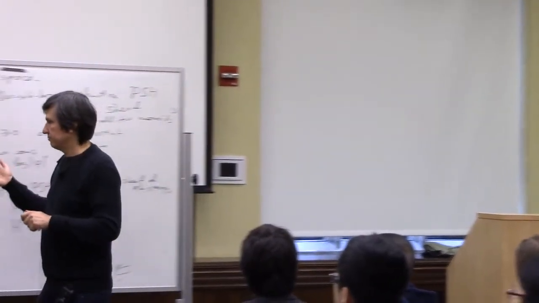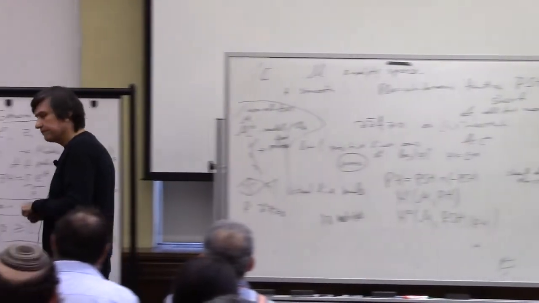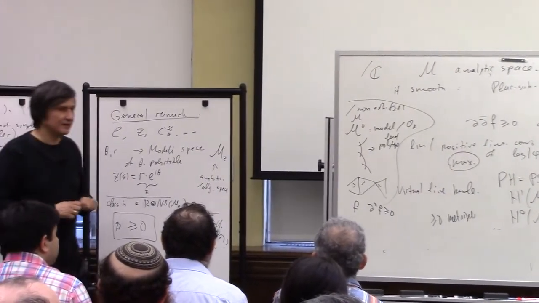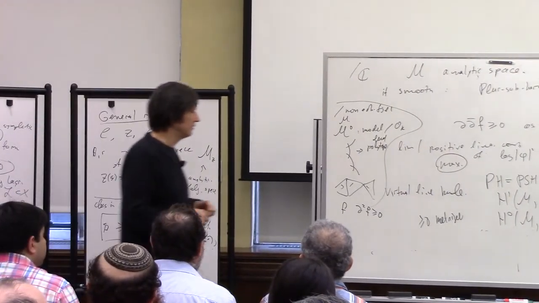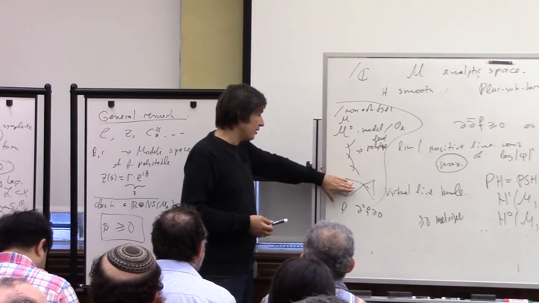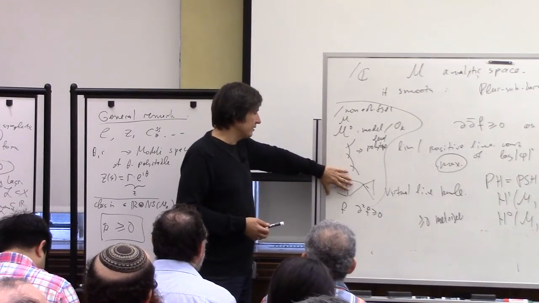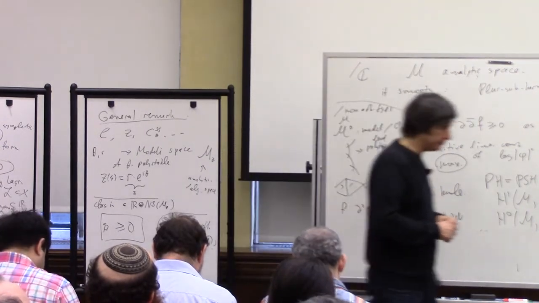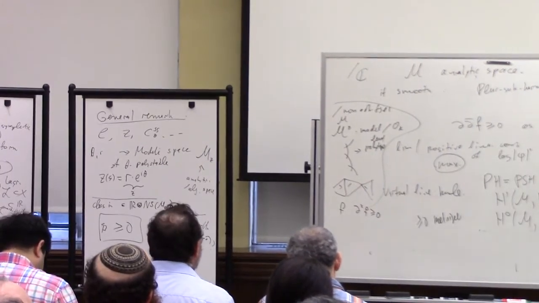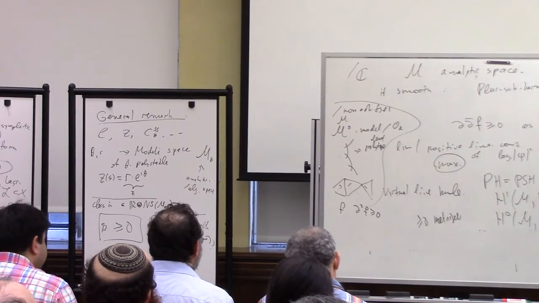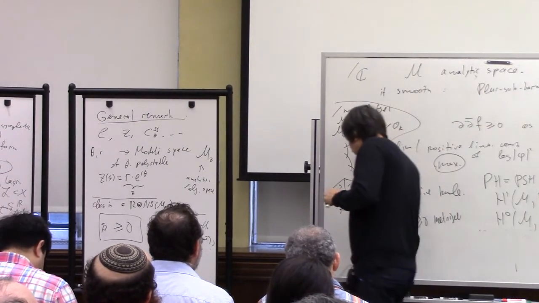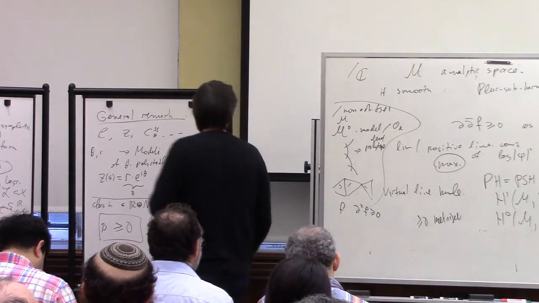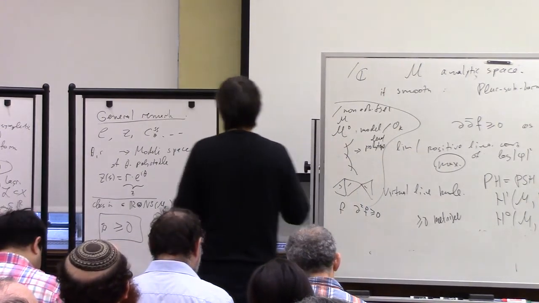So everything is here. If you choose a model and choose a metric on the Berkovich spectrum, it gives an example of a metric. Okay, so this is the notion of Kahler metric in the non-Archimedean case, and now I want to say this.